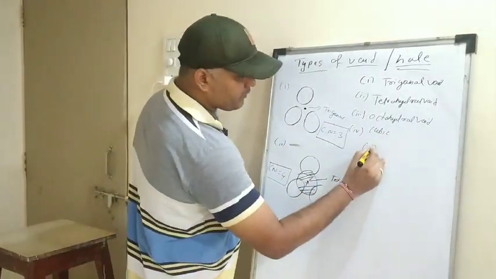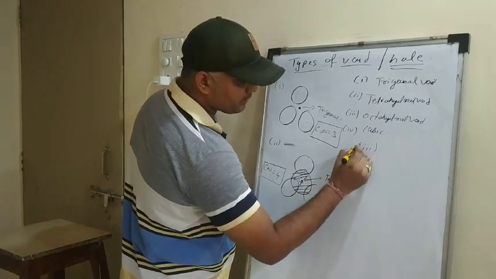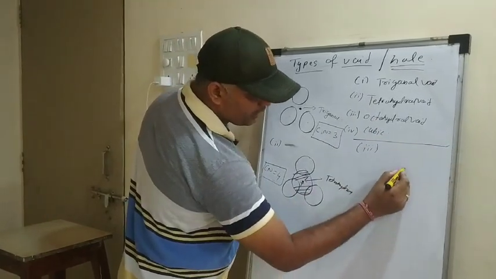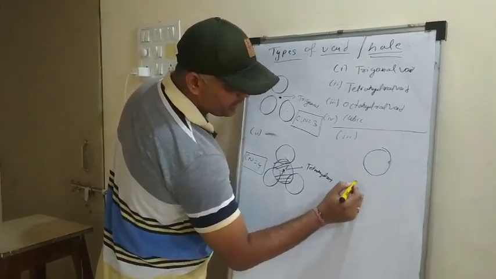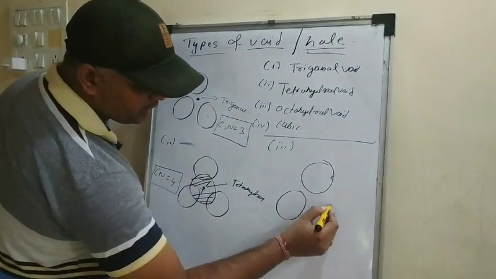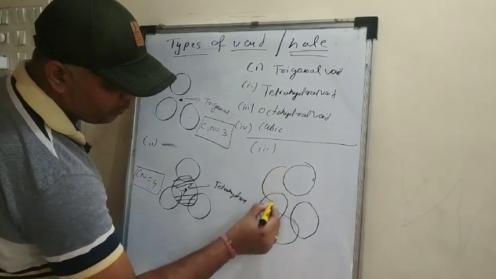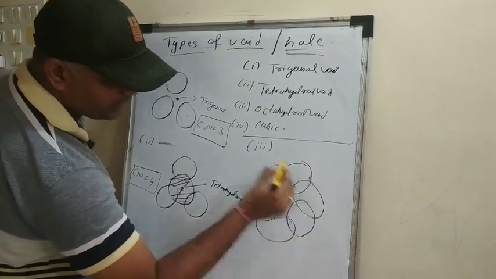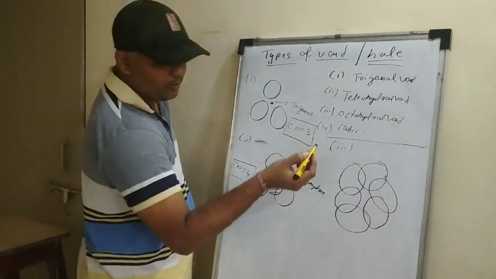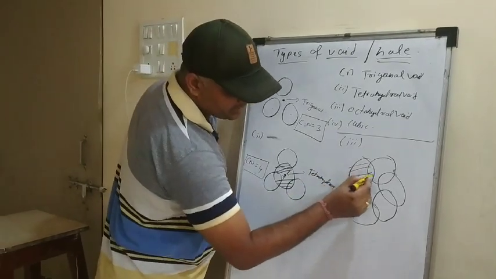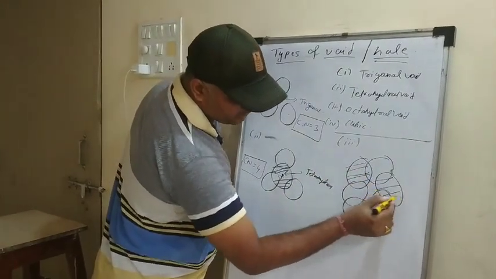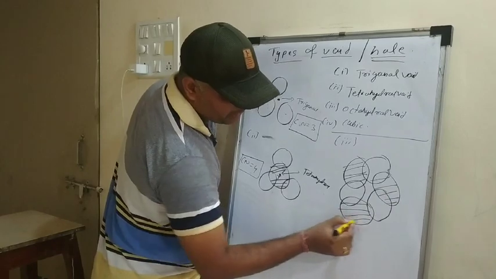Then coming to the third one, octahedral voids. How to draw the octahedral voids? One particle here, one particle here, one particle here. One particle at the bottom, one particle here, one particle here. See, try to understand how many particles there are. I'll shade this. Now are you able to identify?